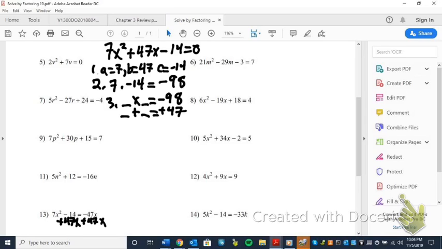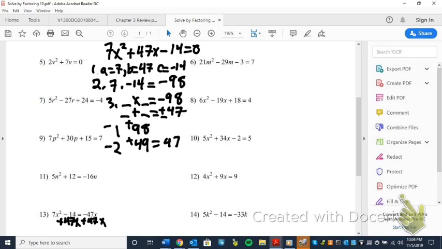So now notice that because when they multiply together they're a negative and when they add together they're a positive, that means that I have numbers of different signs. I'm going to have one negative and one positive number, and the positive number has to be bigger. So when I have 1 and 98, I know that 98 would have to be positive. But when I add those two up, I get 97. So then I go negative 2 and 49.